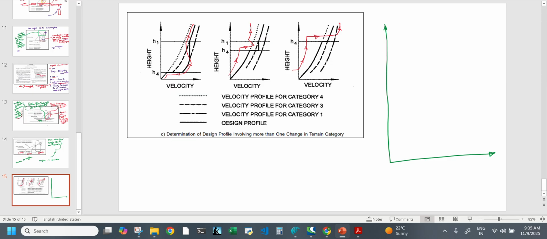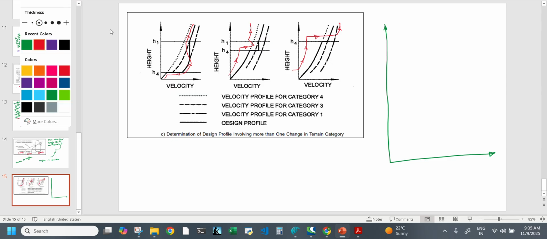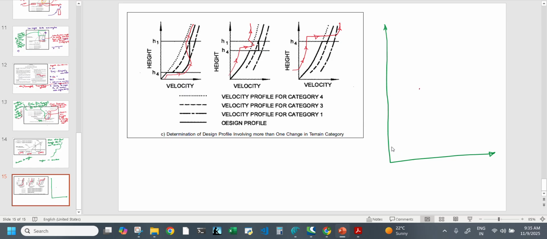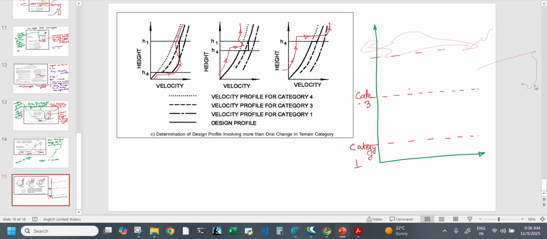From category 3, category 1, and category 4.